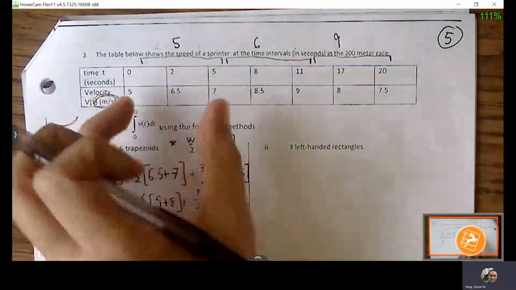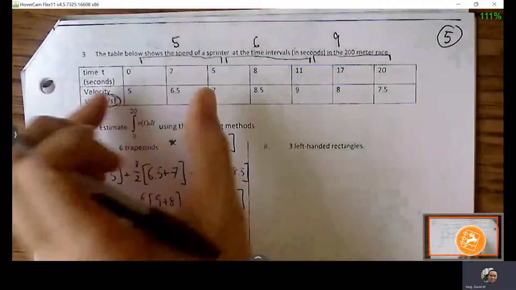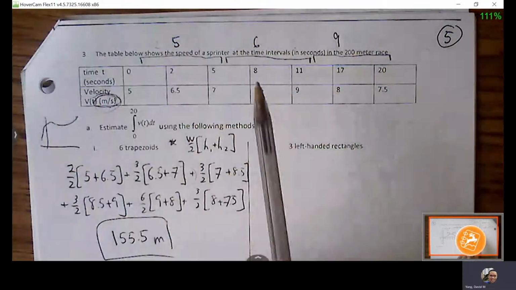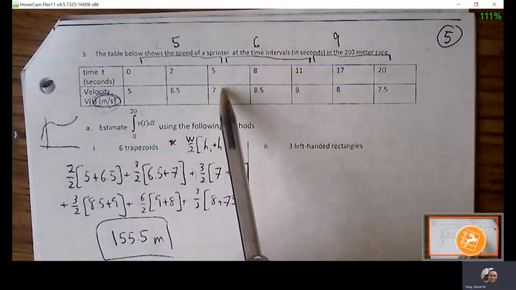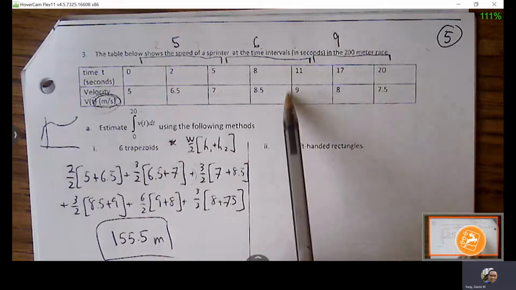And then within each subinterval, I want to pick the left height. So this interval has a height of 5, so width times height. Second subinterval has a width of 6 and a height of 7. Third subinterval has a width of 9 and a height of 9.